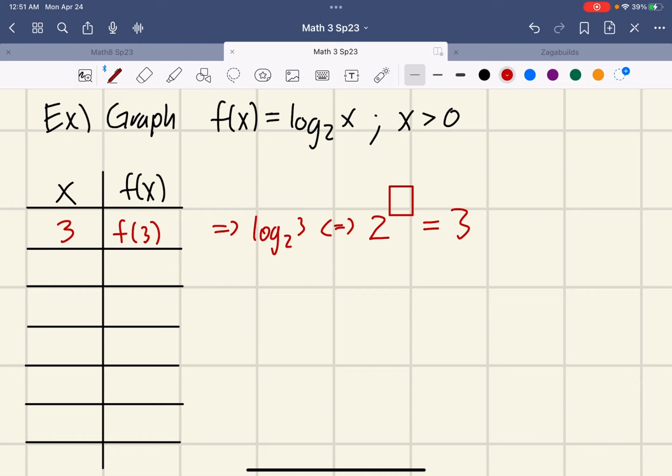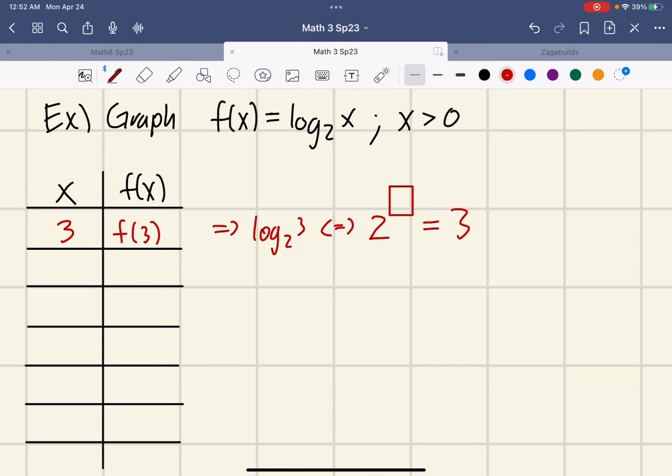And remember, a negative exponent just turns this into a fraction. 0 turns it into 1. A number bigger than 1 just makes 2 even larger, right? The number 1 keeps it 2. Number 2 makes it 4. It's already larger than 3. So that means this has to exist between the power of 1 and the power of 2.